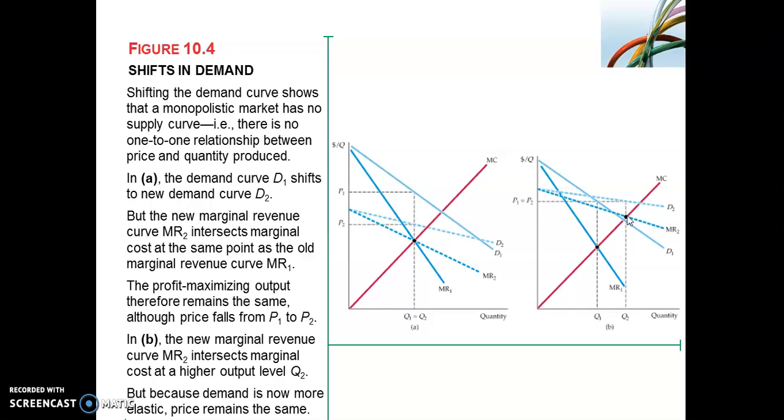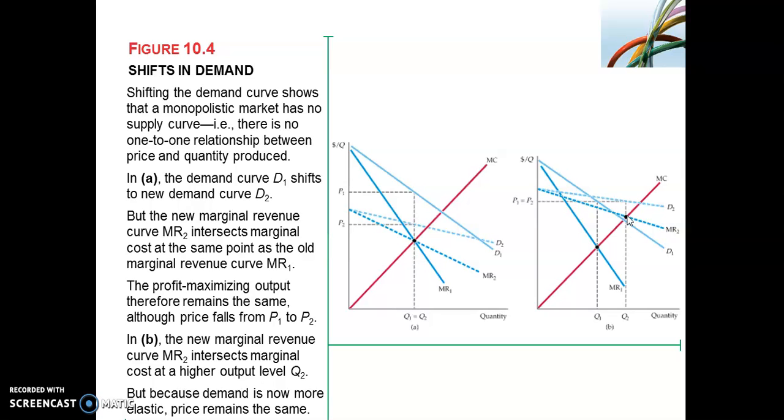So if you were to draw a comparison between what would typically happen under a competitive market versus what you've seen here under monopoly, you will realize that under a perfectly competitive market, the industry supplies a specific quantity at every price.